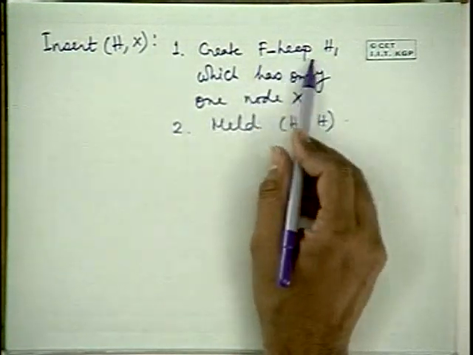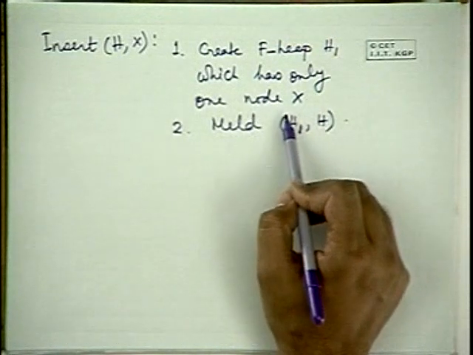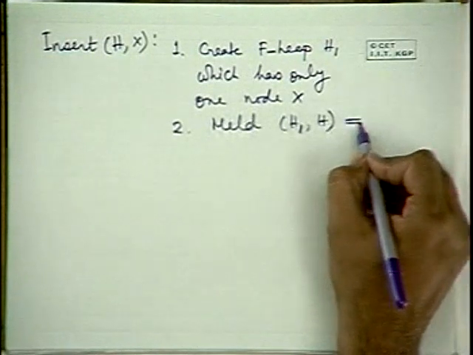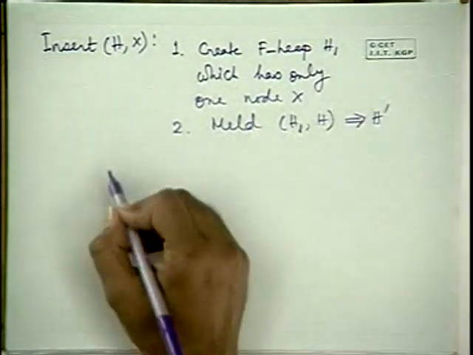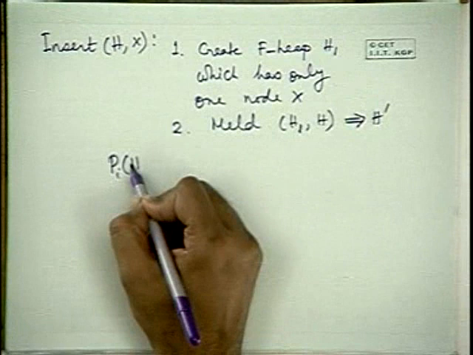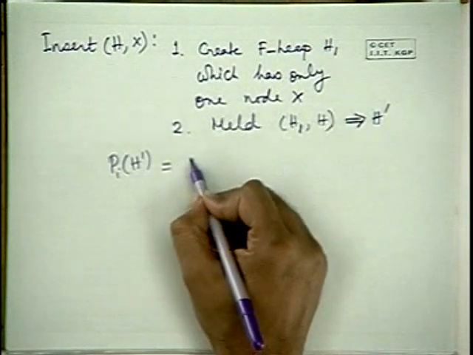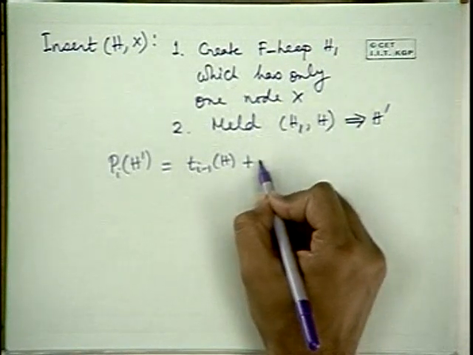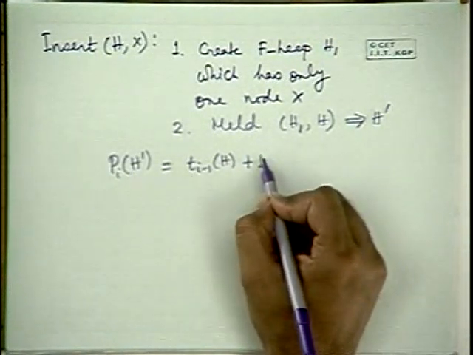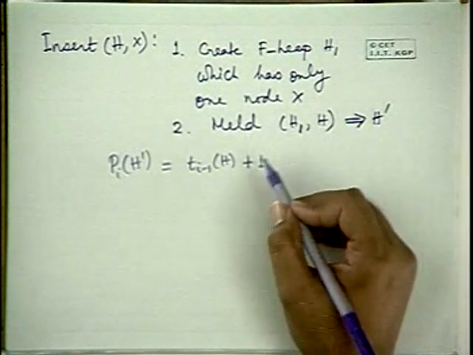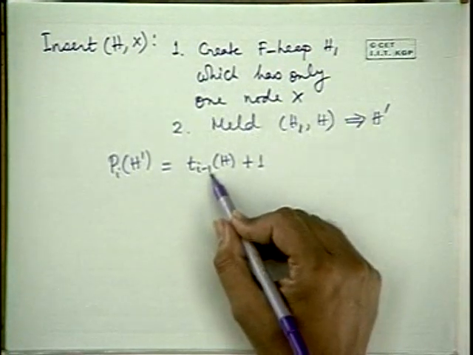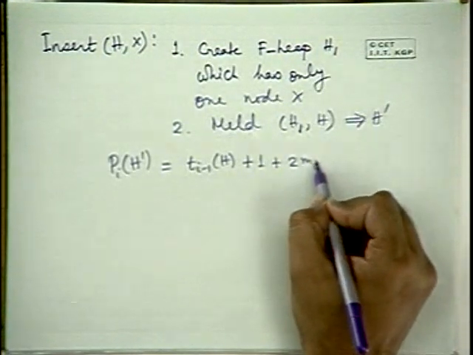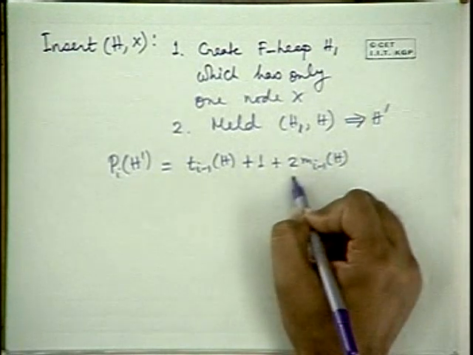Just create one Fibonacci heap with H1 and then meld these two. Let's suppose this one gives me the new heap, say H prime. So what is the potential of H prime? It is Ti of H plus 1, because now the root cycle has one more. Previously it was Ti of H plus this new root, so that is plus 1, and 2 of Mi of H remains the same.